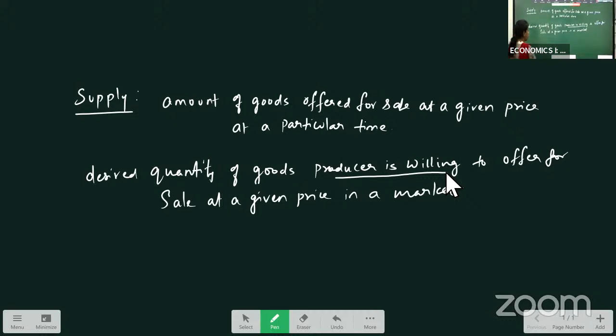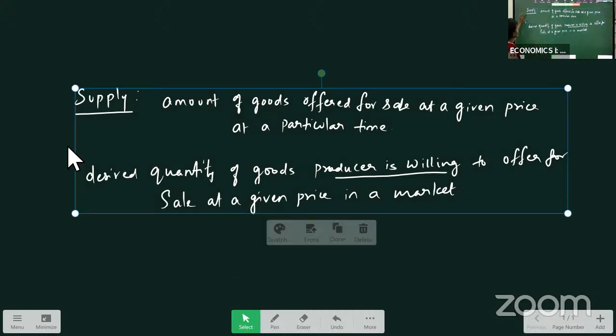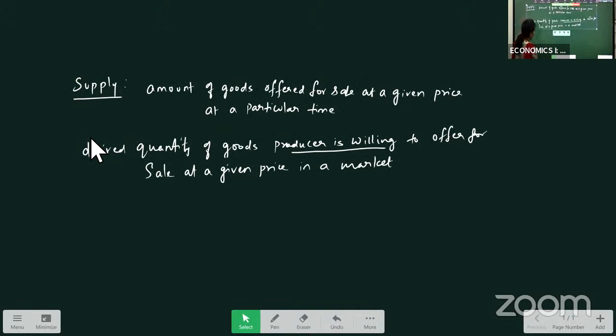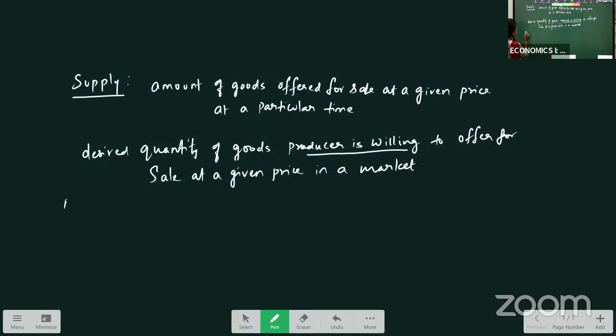Okay, now let us see the determinants of supply. Determinants of supply may come for your 2 marks question. Okay, so just see the determinants of supply. What are all the factors that are determining the supply?